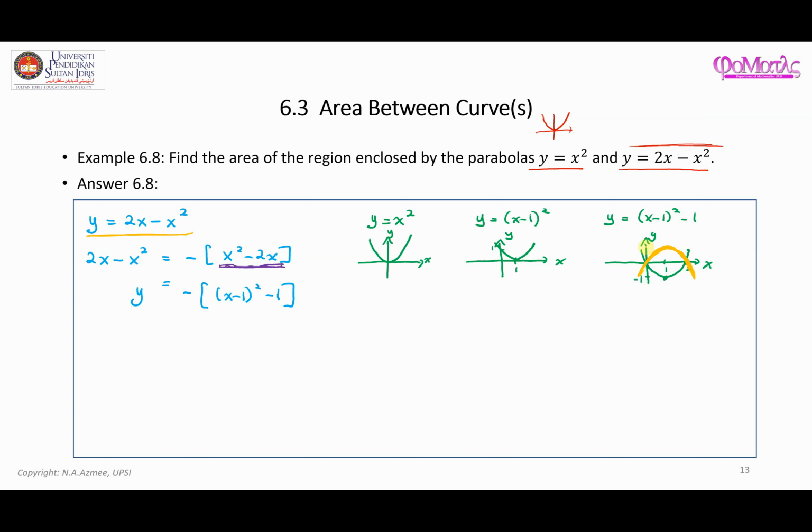The maximum point here is at y equals 1. Now we're going to use this to sketch the area of the region enclosed by the parabolas y equals x squared and y equals 2x minus x squared.